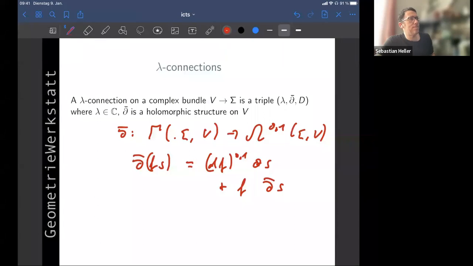Good question. It's really hard to work out what the complex twistor space of the self-duality solutions really is.